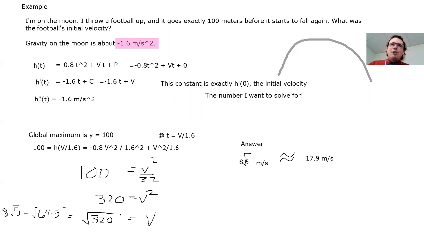I start with the function that I know. It's not the function that I want, it's just the function that I know, in this case, the second derivative. I'm going to take an antiderivative. And this problem was a little bit more advanced because I wasn't able to directly find out the number that I wanted.